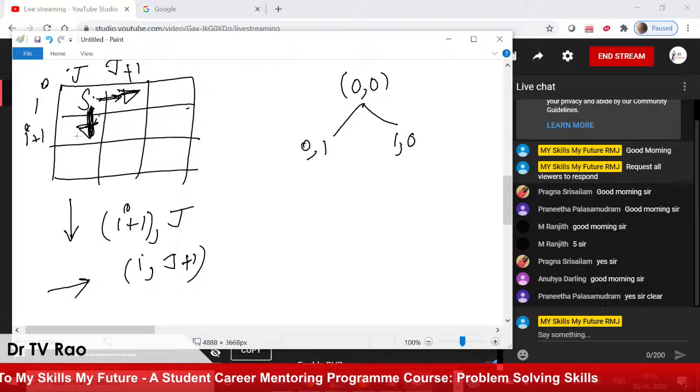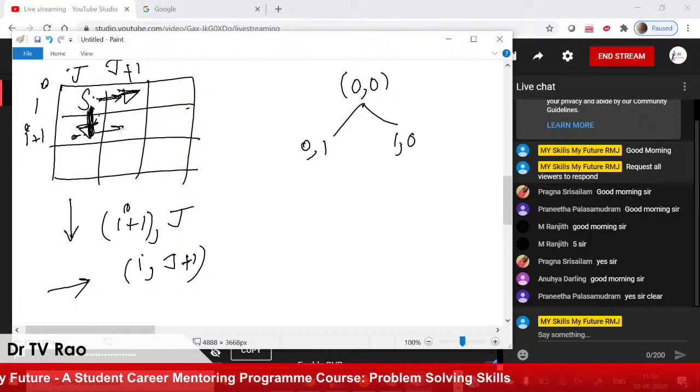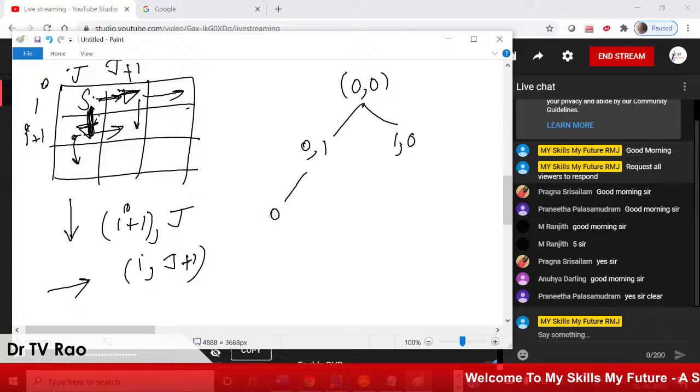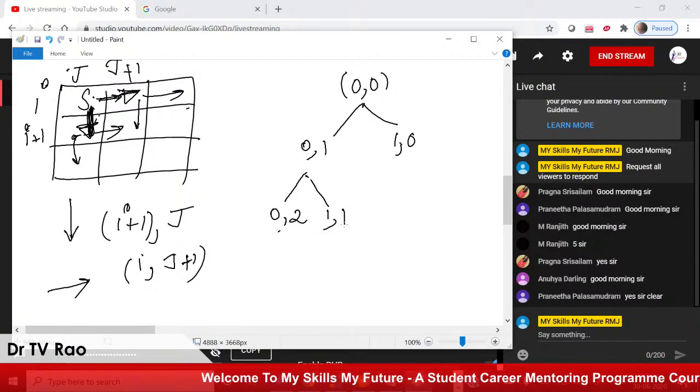Now from 0 1 you can go to 0 2, or you can go to 1 1.